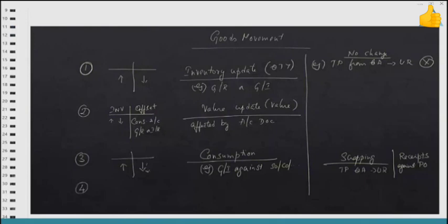Another side effect is a reservation update. Example, if somebody reserves 100 pounds of goods. Now it could be a sales order.